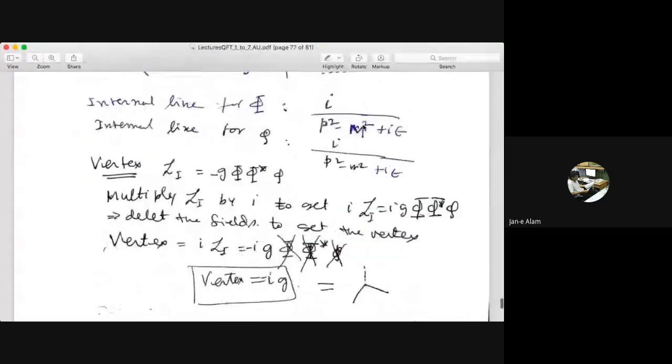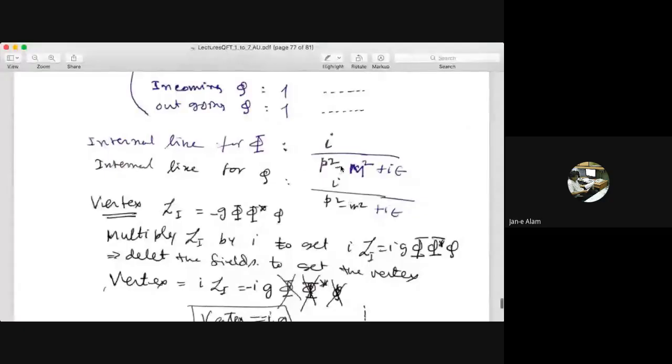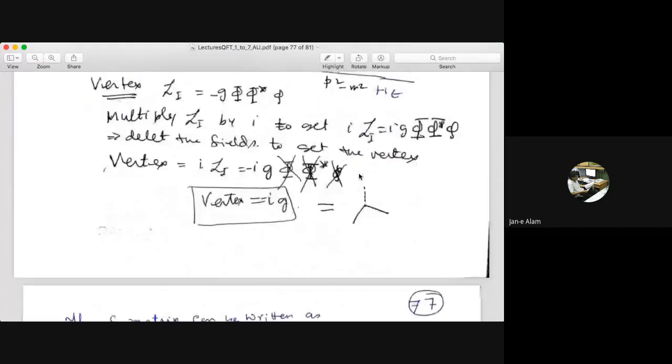This is the notation for the vertex. Solid line, put the magnitude 1 for scalar field. For the internal line, you will be putting the quantity i by p square minus m square.